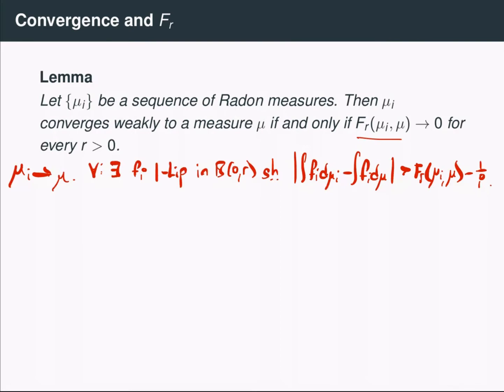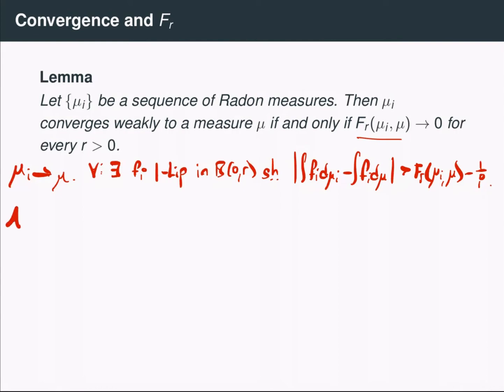Now notice that because the f_i are 1-Lipschitz and supported inside the ball centered at 0 of radius r, that means they vanish outside the ball, and this implies that they're uniformly bounded. And in fact, the maximum value that they could achieve inside the ball is at most the radius r. So we have a uniformly bounded sequence of 1-Lipschitz functions.